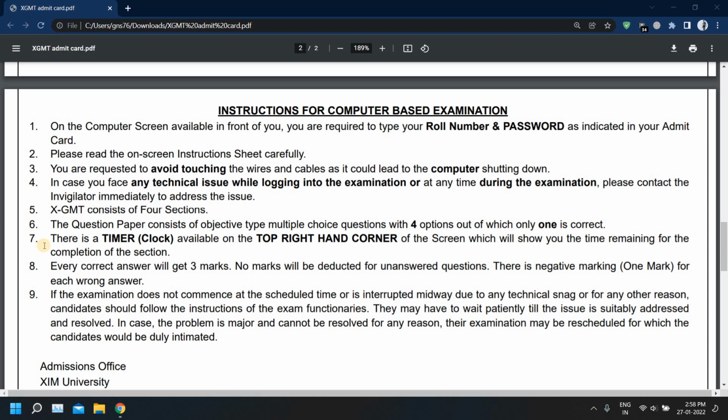Very similar to CAT, I would say, in terms of comeback, not in terms of difficulty. And for GK and emotional quotient, I think you guys are smart in that aspect, so you won't require any suggestions from my side.